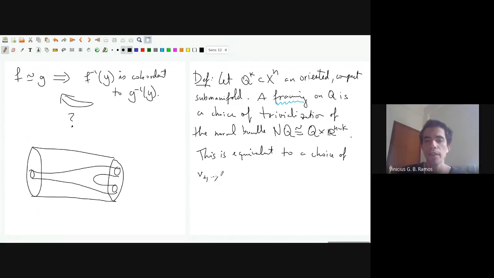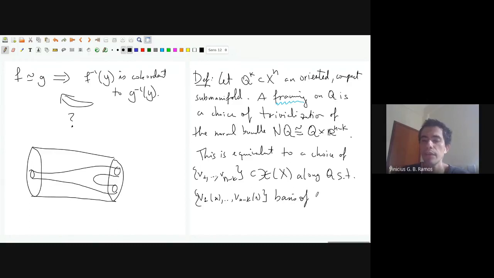So you choose basically a basis for the normal bundle at each point. So a choice of n minus k vector fields along Q, such that at each point, these form a basis of the normal bundle to Q.